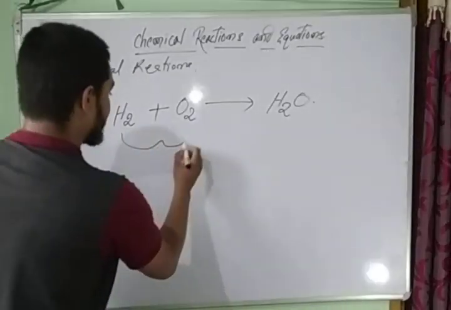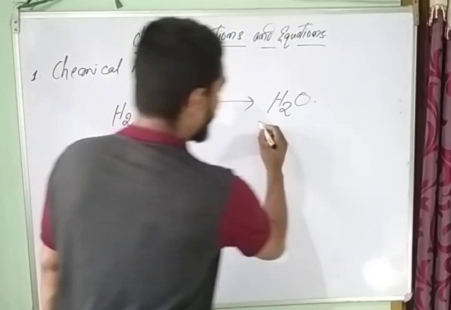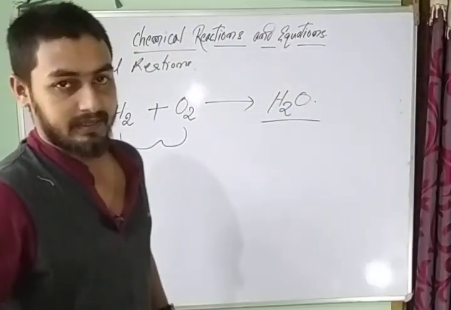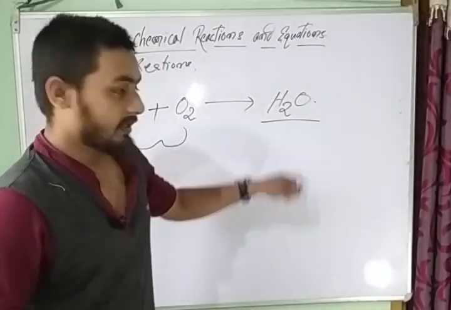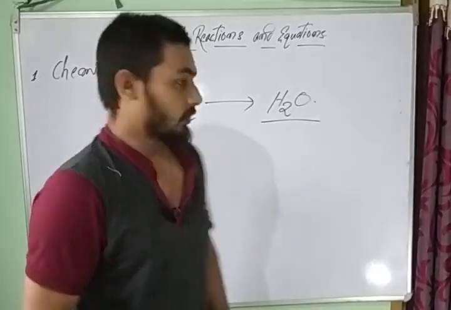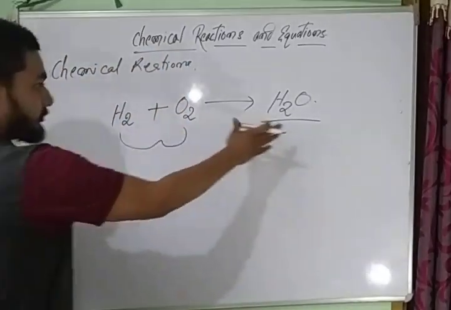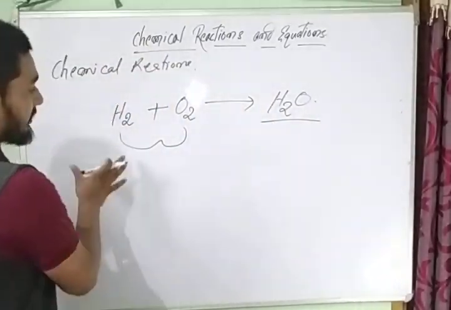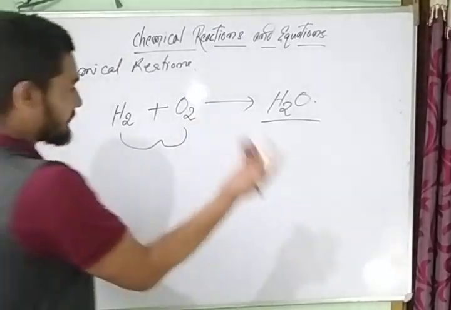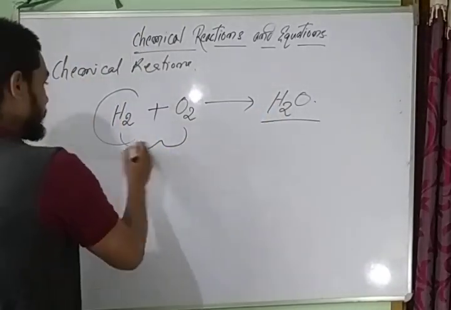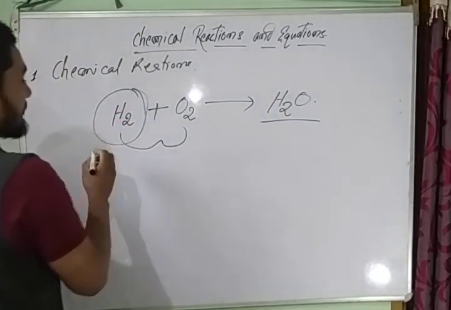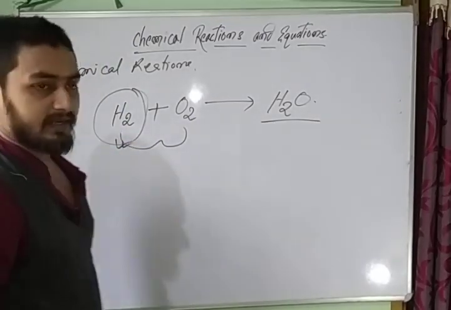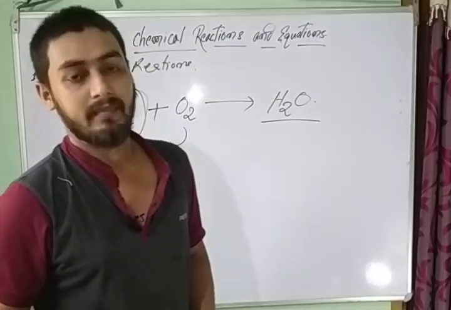And these two gases combine together and form water. Now you know the property of water in case of flame. Water extinguishes flame. So here obviously the product which is formed, its physical and chemical properties are entirely different from the reactants. Apart from this, we can also say that the physical state of hydrogen is gaseous at room temperature.